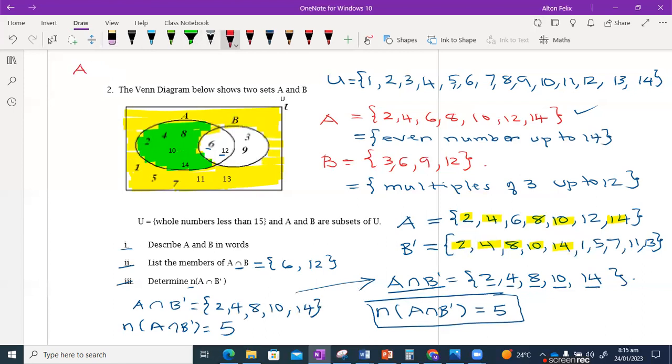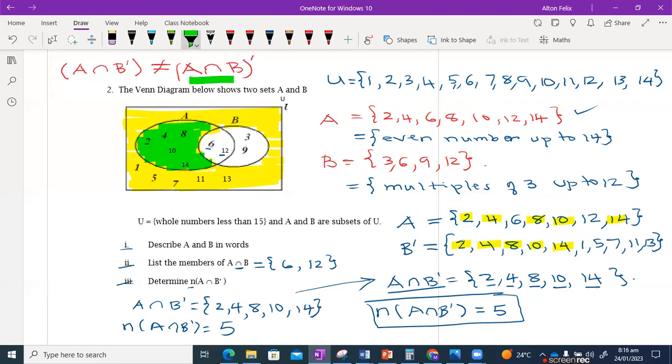A intersect B complement is not the same thing as A intersect B complement.